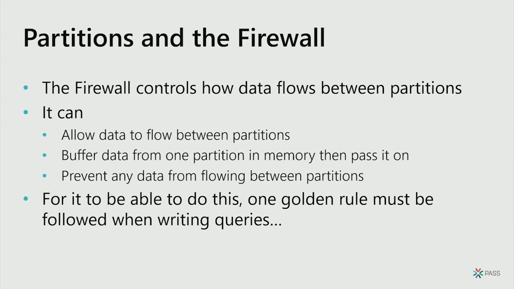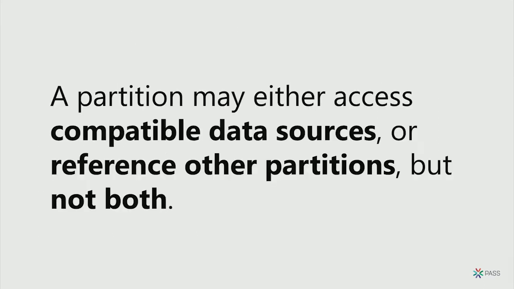But generally speaking, the rule is when you've got data going from one partition to another, a single partition can either access compatible data sources, or it can reference other partitions, but it can't do both. Now, if you break this rule, this is where you get to the most difficult, unpleasant error that you will ever come across in the whole of Power BI.